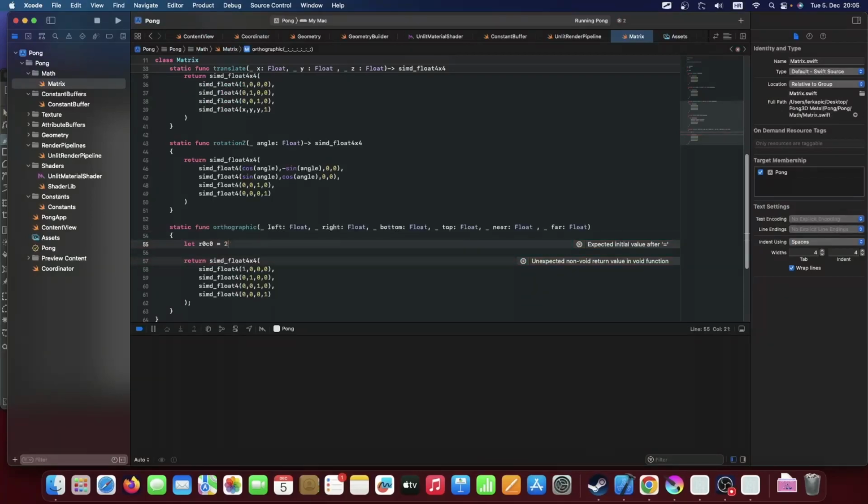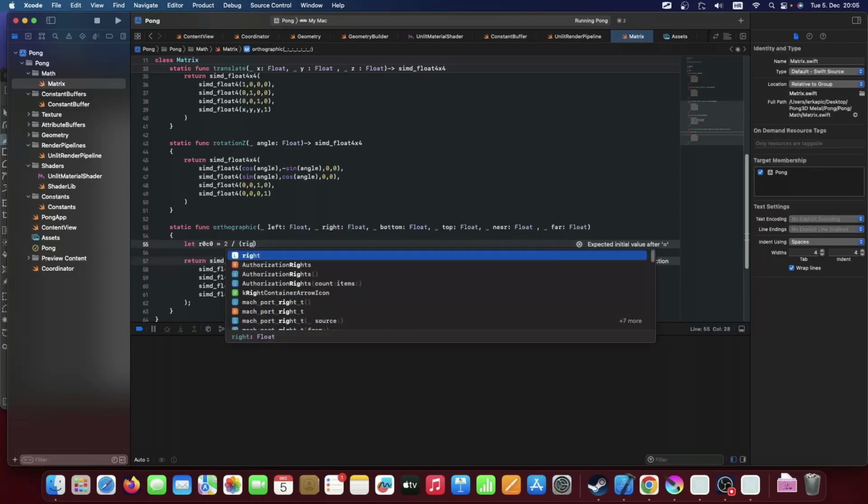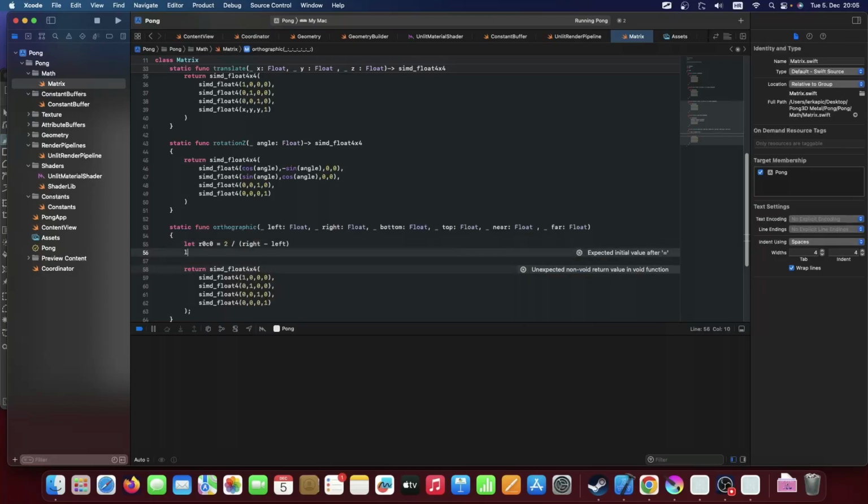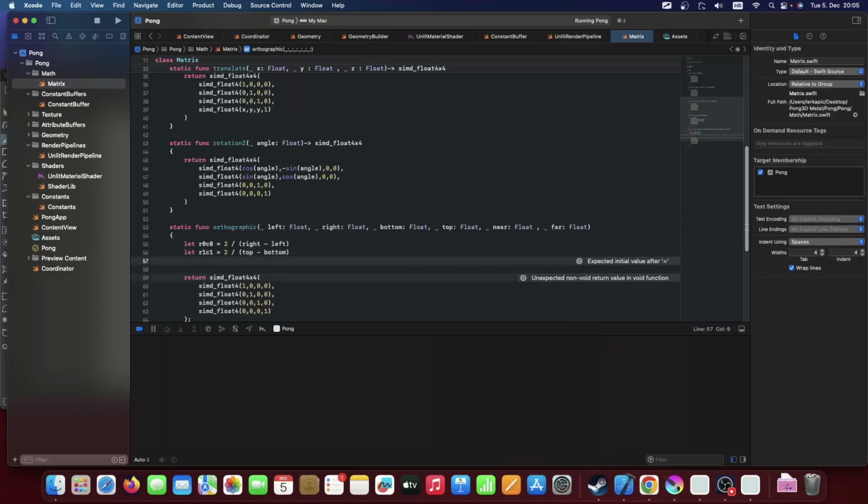Let's just say 2 and then right minus left, and the same is actually going to be true for y. So that's going to be top minus bottom, and for z it's a bit different because z is going from 0 to 1, so it's not 2 over, it's actually 1 over.